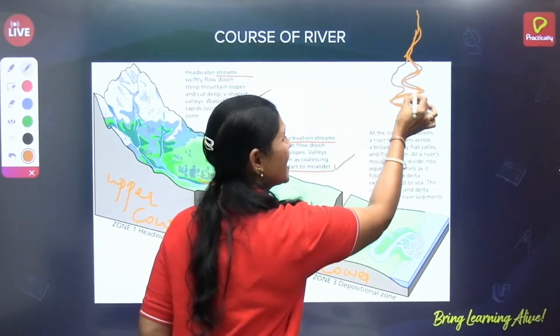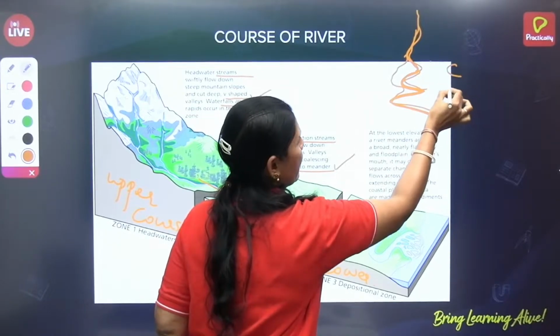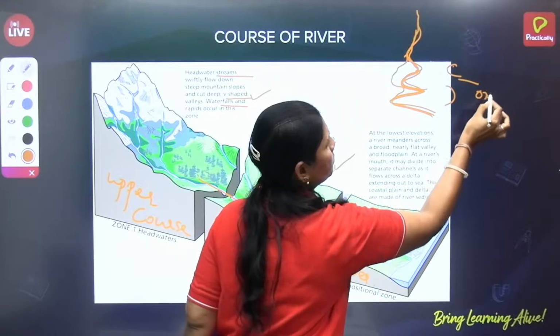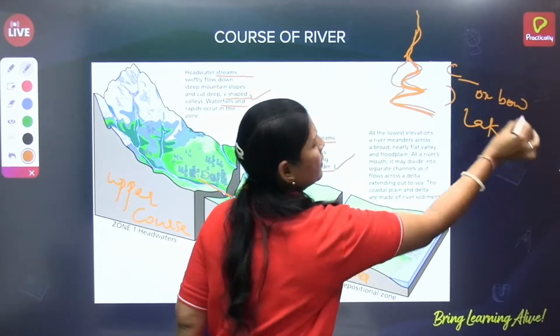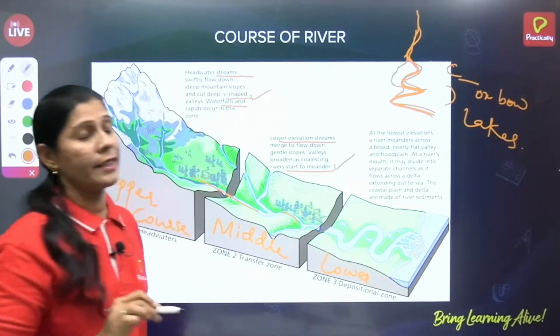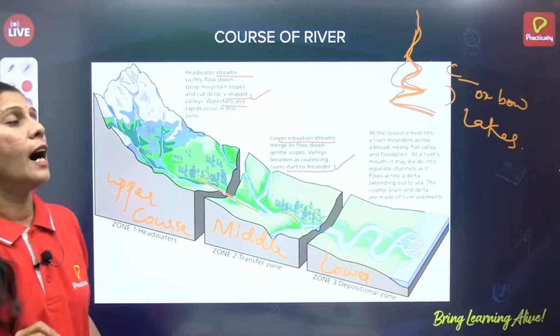So in such cases, these arc-like structures are called oxbow lakes. Oxbow lakes are mostly formed in the lower as well as in the middle courses, where we find meanders mostly occur.